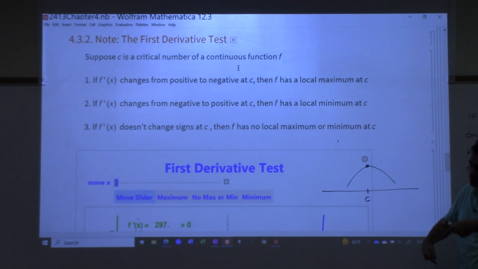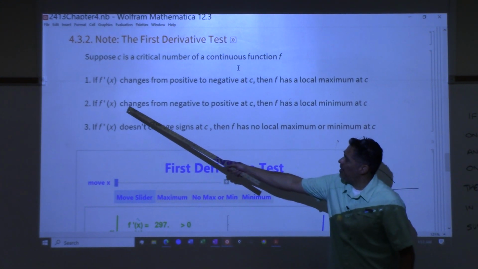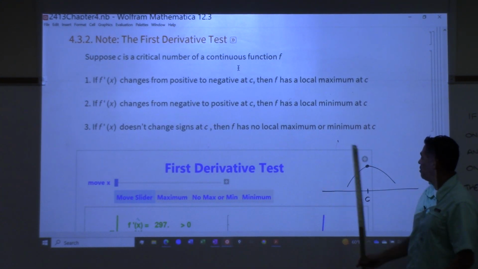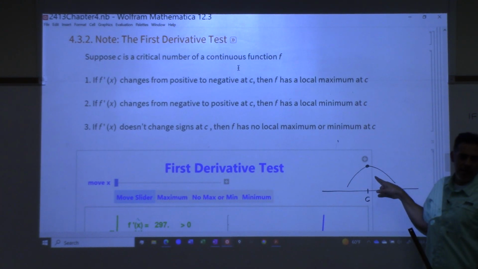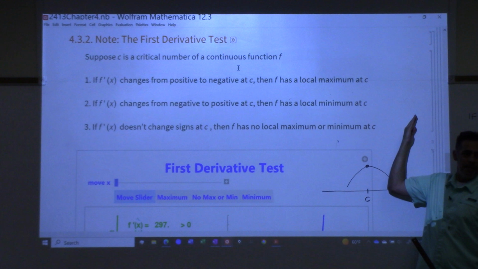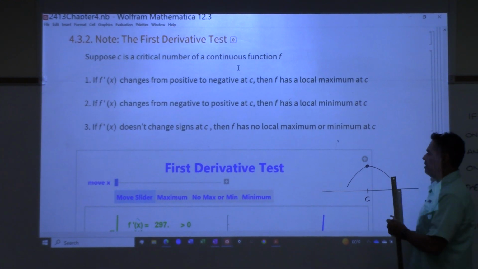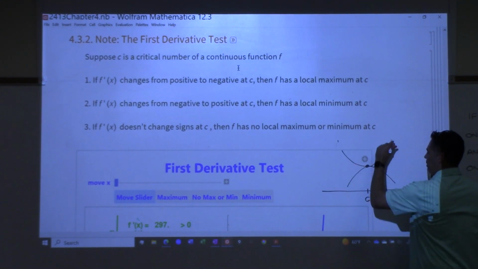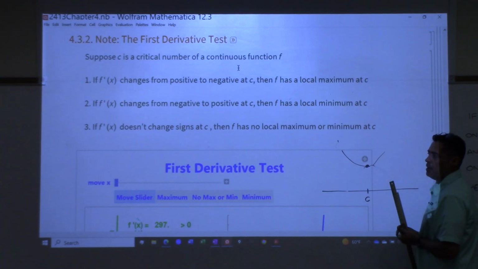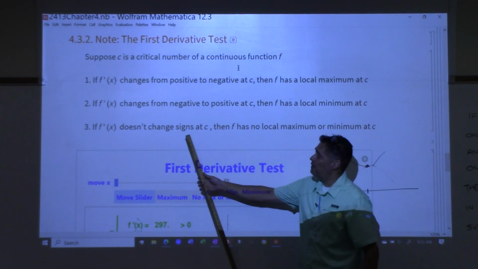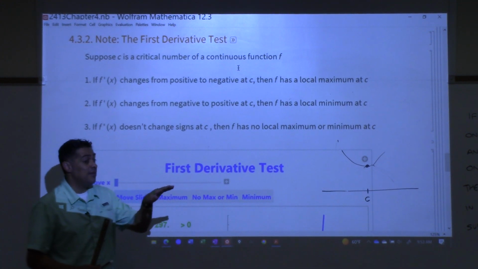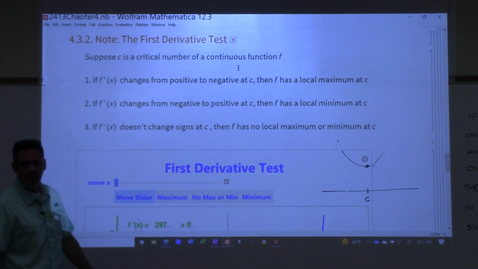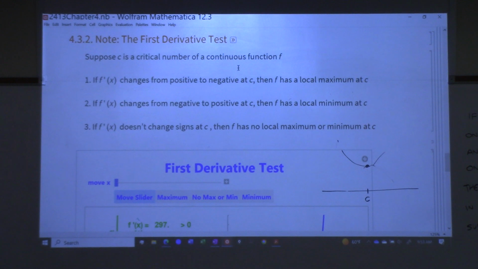On the other hand, if the derivative changes from negative to positive at this point, it's got to be a local minimum, right? It's going to go down, then back up. So it'd be the opposite of this picture. It'd go like that, right? And then the third thing says, if the derivative doesn't change, if it goes from positive and stays positive, then you cannot be at a local maximum or a local minimum.